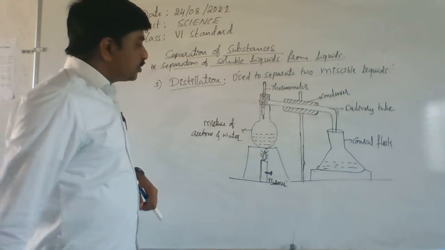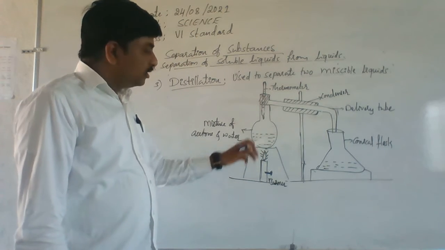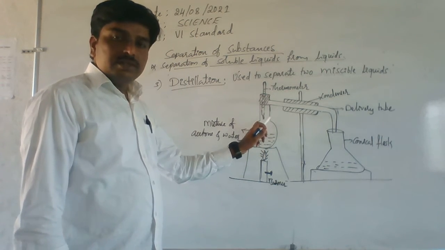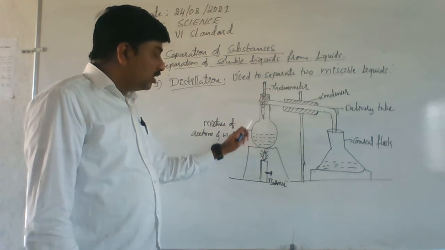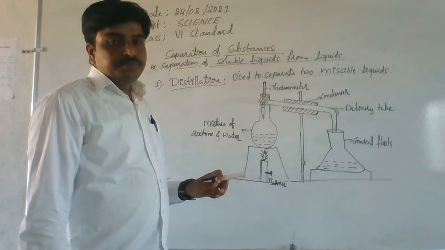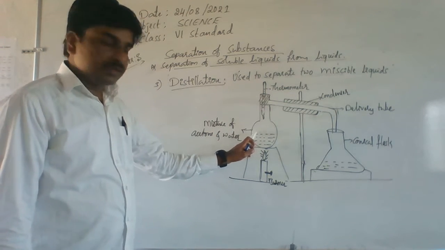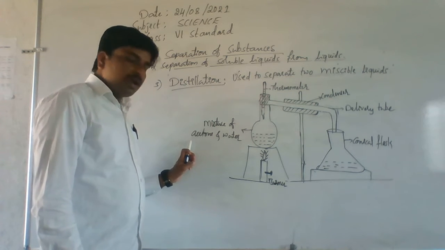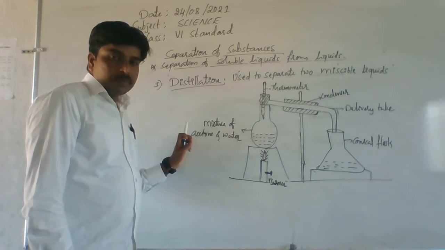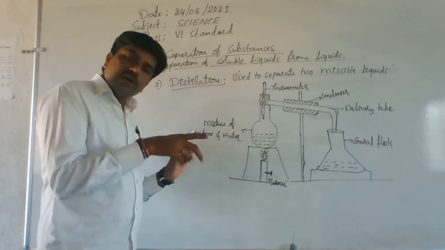Let's see how, students. Here a distillation flask is there. It is also called a round bottom flask. What are we taking in the round bottom flask? A mixture of acetone and water. Acetone and water are both miscible liquids.